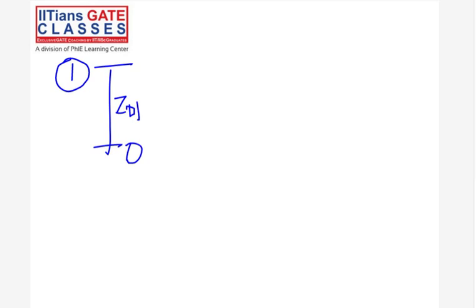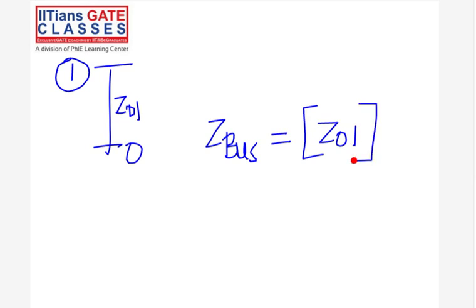So the first Z bus would be this. That is the first step. Any element that creates a new row and column in a Z bus is called a branch. So this is a branch.